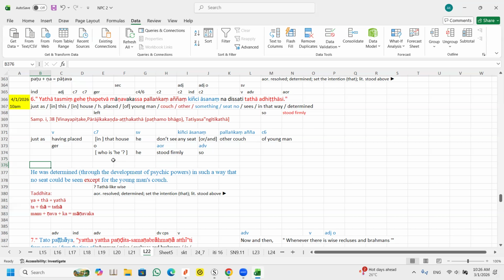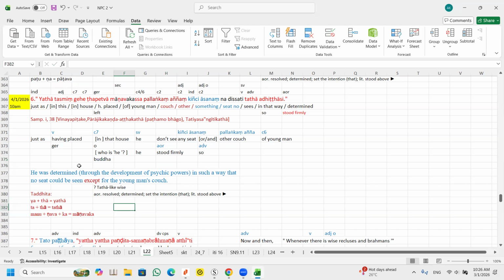He made this young man unable to see the seat except his own couch. Technically, the second he refers to the Buddha. You see? So in this case, there is no way you can translate until this level.